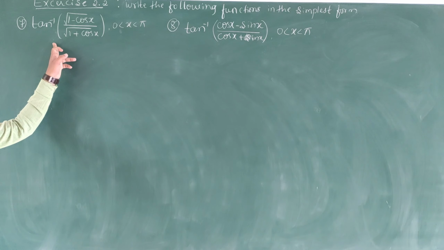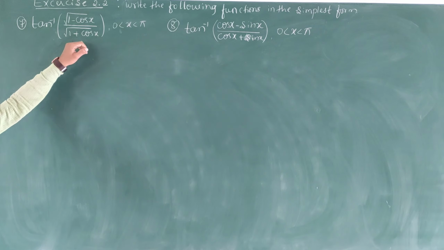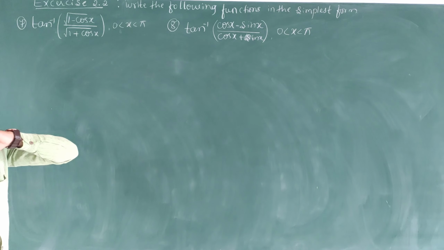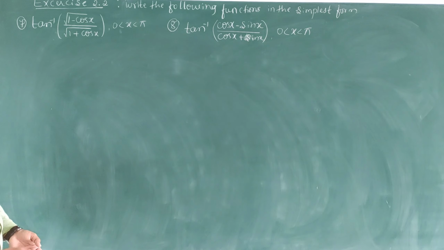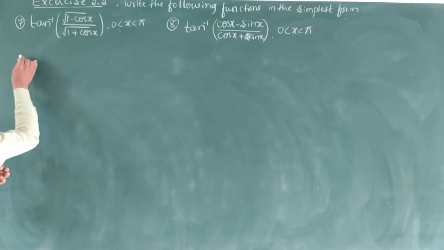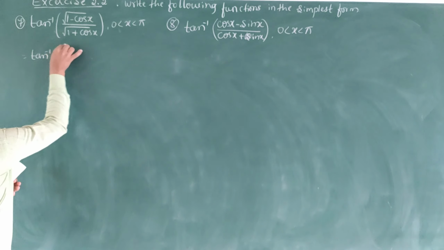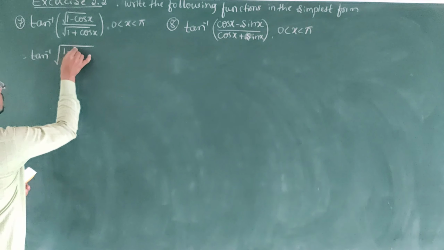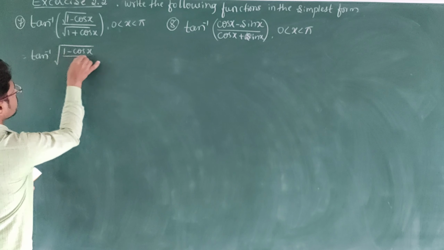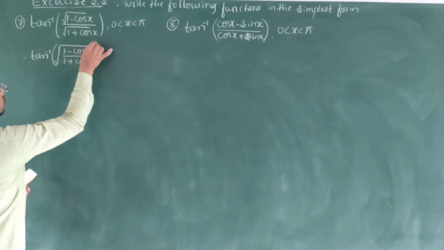See the next question. Seventh one, tan inverse of root 1 minus cos x divided by root 1 plus cos x. This is equal to tan inverse of, I'll write only one root for both, 1 minus cos x divided by 1 plus cos x.